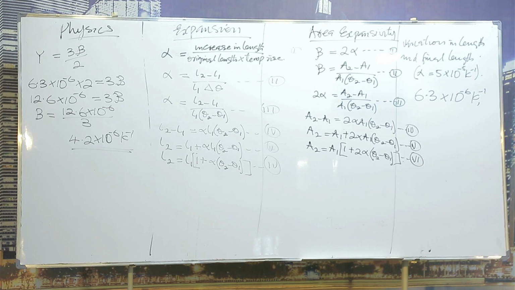A metal plate has a surface area of 3 meters squared at 30 degrees C.